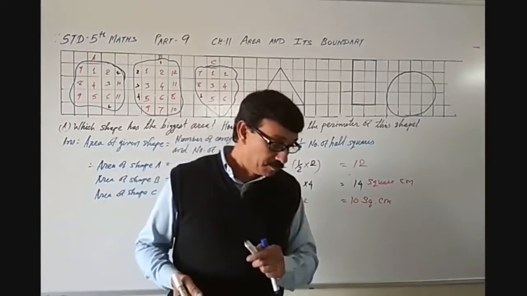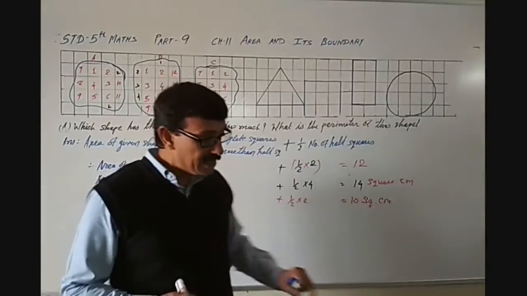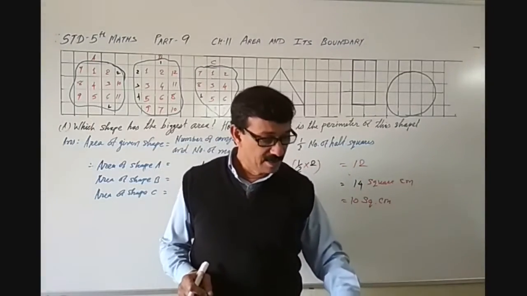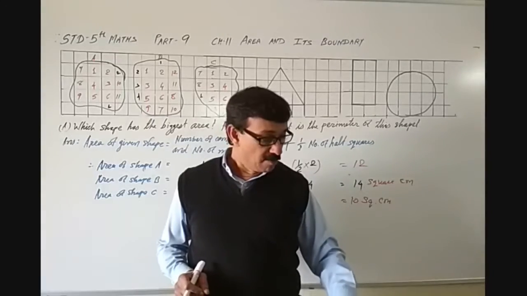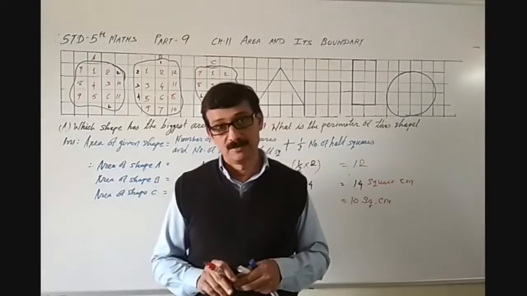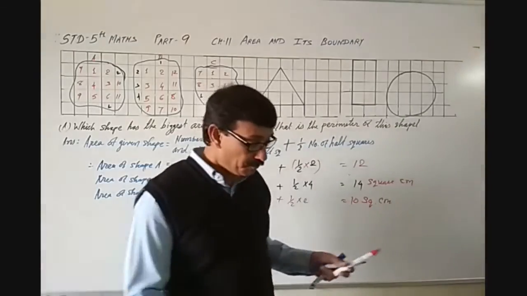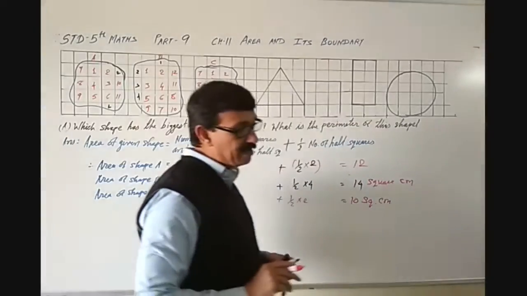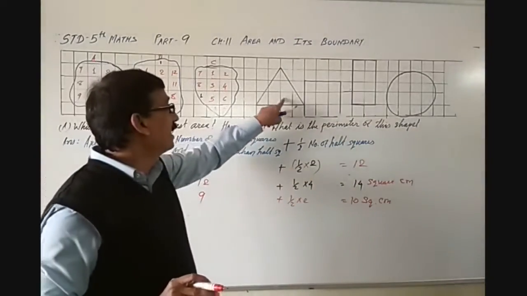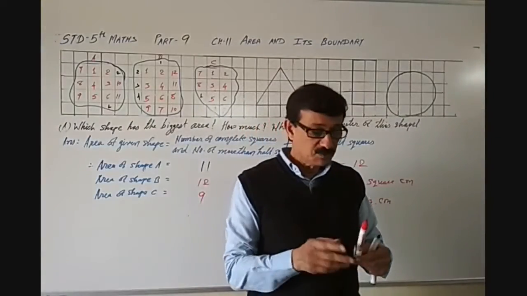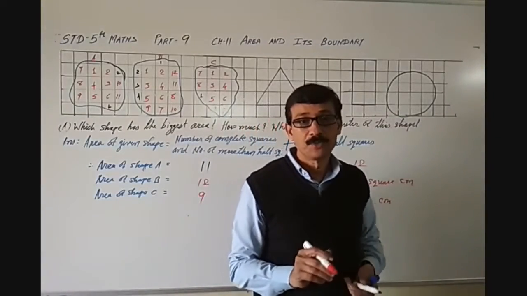Now one more thing is there. Also make a triangle, a square, a rectangle and a circle. Find which shape has the biggest area and which shape has the smallest. So there is a triangle, a square, a rectangle and a circle. Let's find out the area for them also.